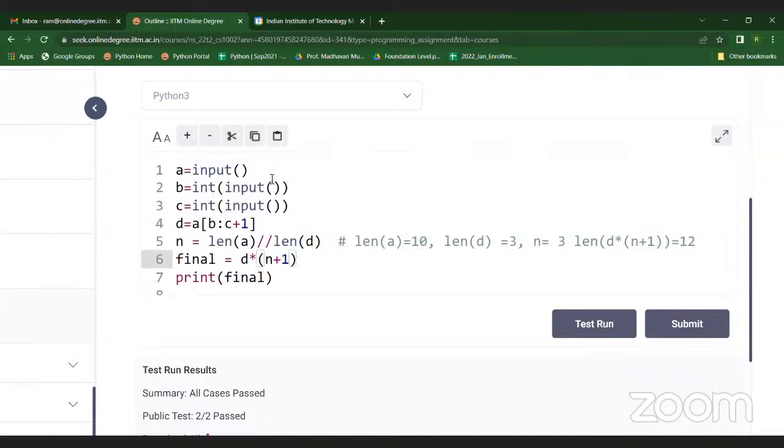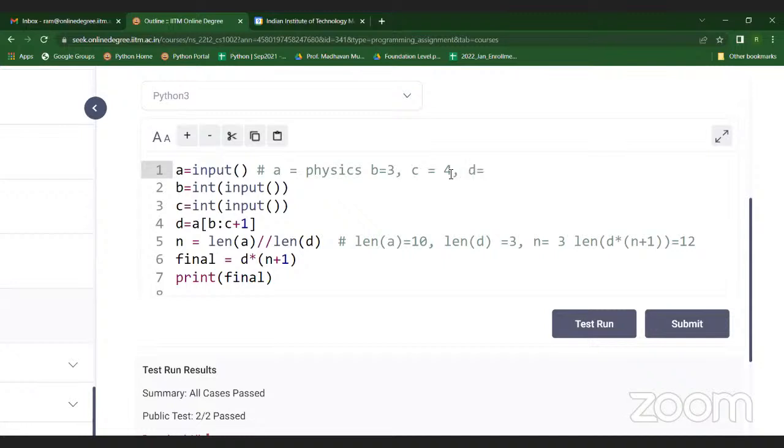Let's say my A equals physics. And B equals 3, C equals 4, right? So now what will my D be?